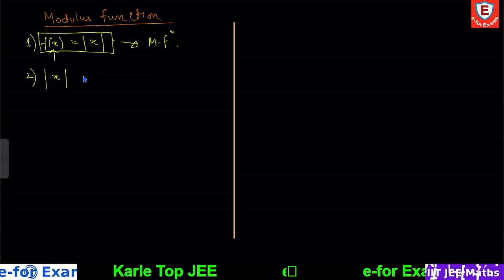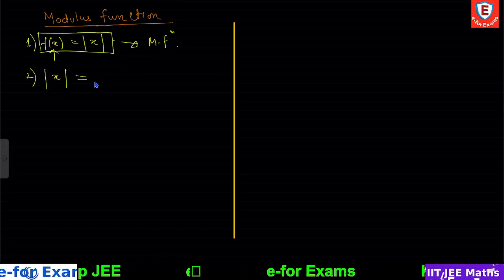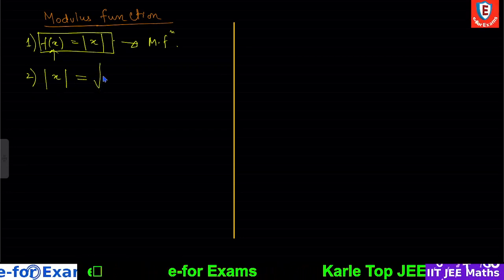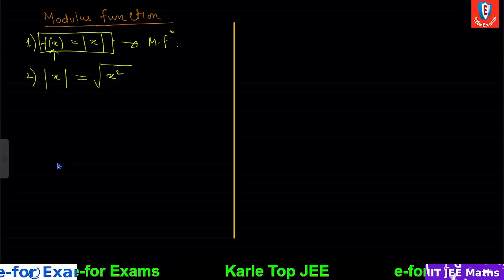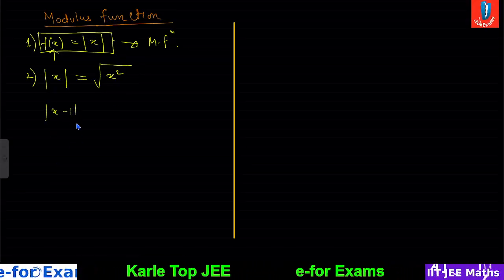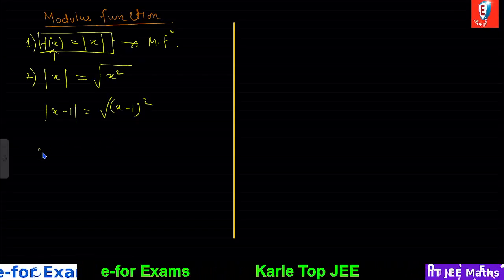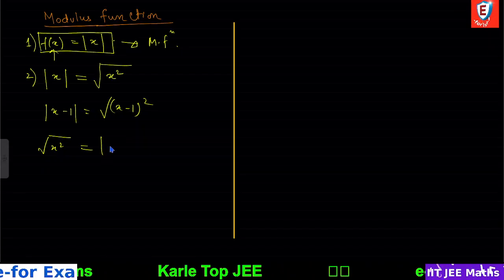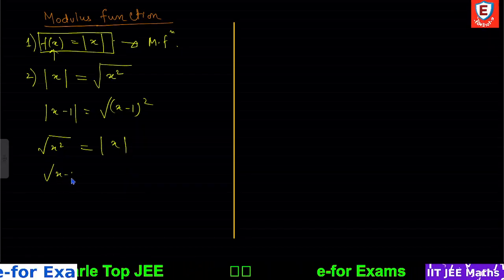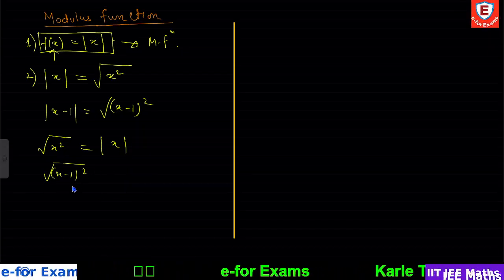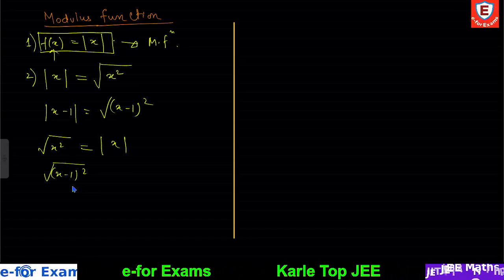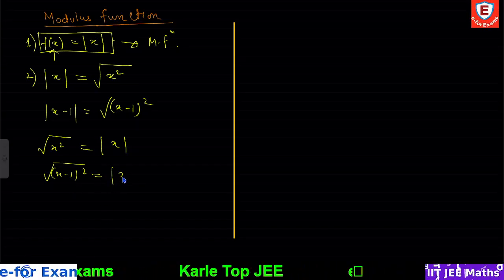F of x, in the earlier classes, I told you that mod of x is equal to this, right? Or vice versa. If x square is given, then I can write it as mod of x. Or root over x minus 1 whole square is nothing but mod of x minus 1.